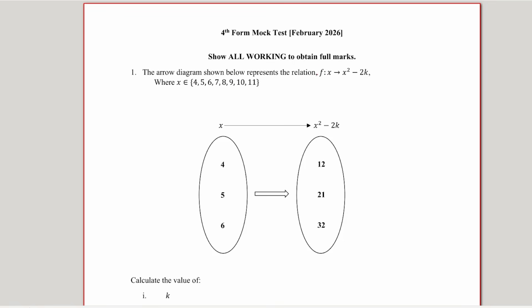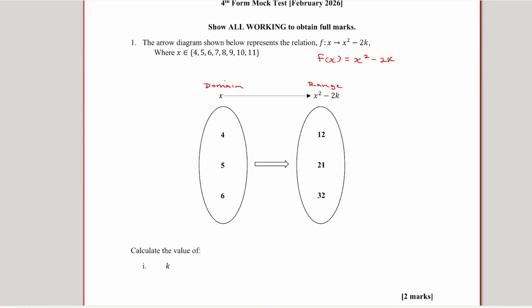Now this is just a notation and all this is saying is f of x is equal to x squared minus 2k. Where x is an element, this is just telling us that these are the possible x values. Now we can see this mapping diagram where we have our domain and over here we have our range.